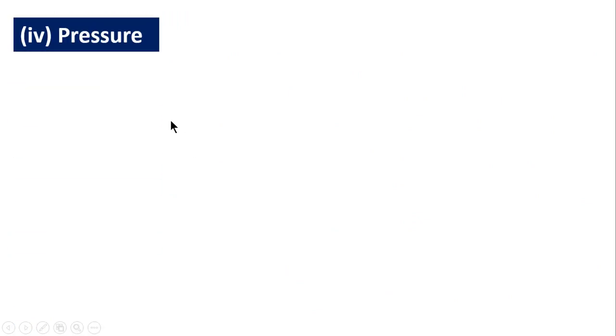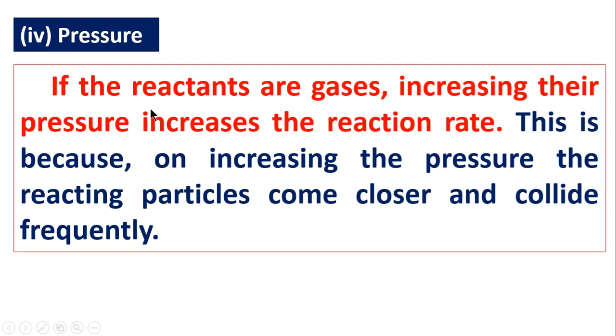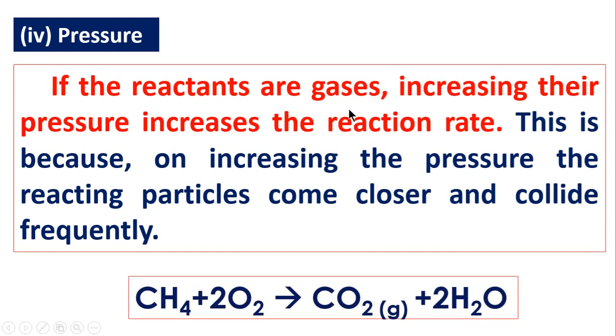Fourth one, pressure. If the reactants are gases, what are the reactants here? Methane and oxygen, both of them are gases. So, if the reactants are gases, increasing their pressure increases the rate of the reaction.